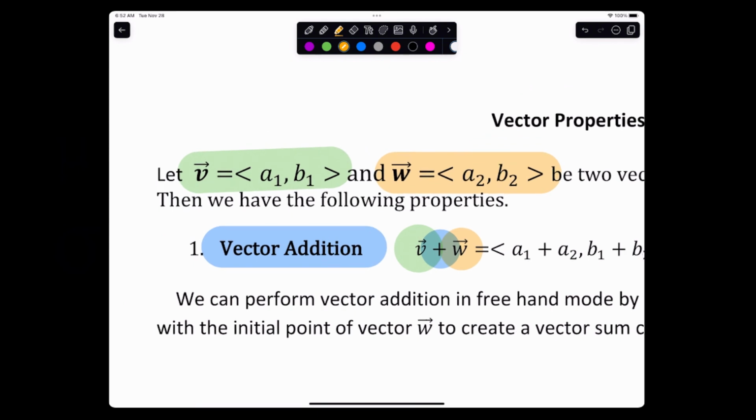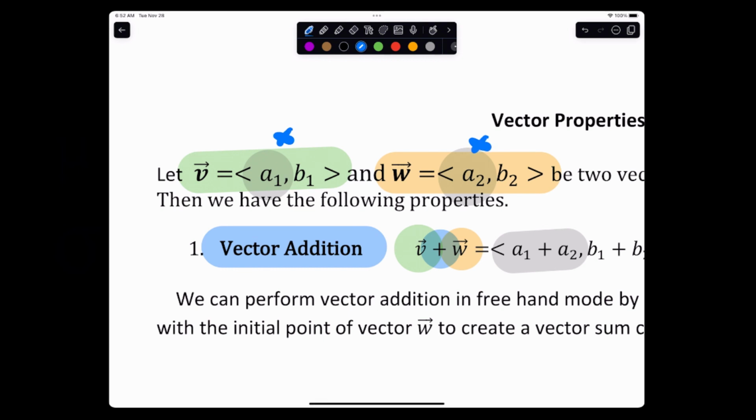So that's done by adding the components. You might say, what are the components again? Well, here's A1, and that's kind of like the X component. So the first position is kind of like the X coordinate if you want to think of it that way, although it's not a point.